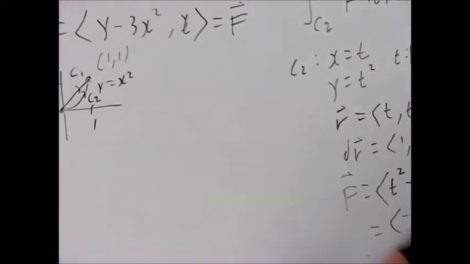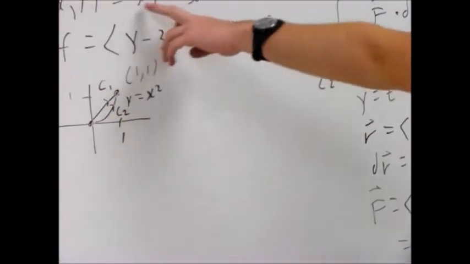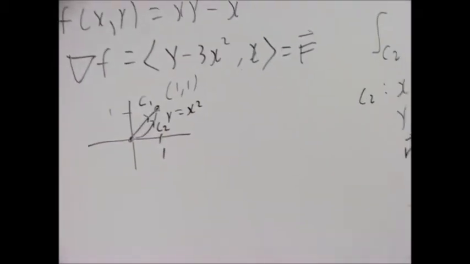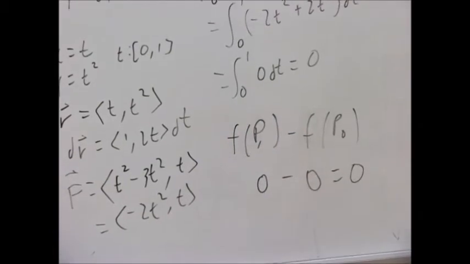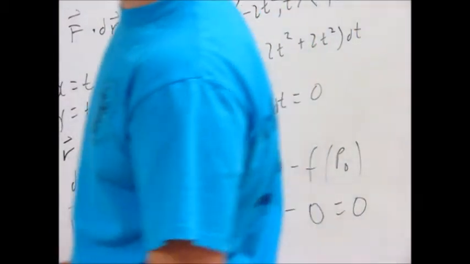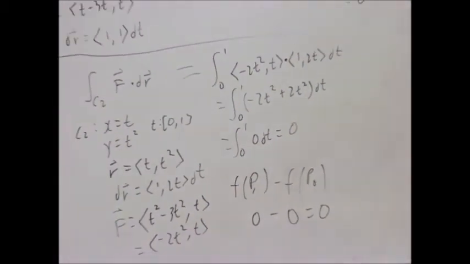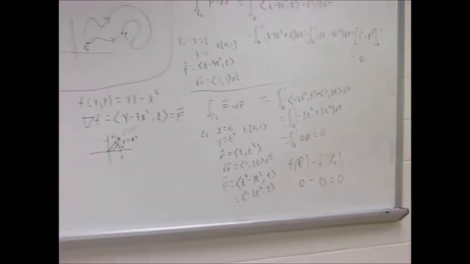And so when we put 1 here, we just get 1 minus 1, which is 0, minus, when we put in 0 comma 0, we just get 0 again. 0 minus 0 equals 0. So all methods worked, because of course the theorem is correct. Let's prove it right here.